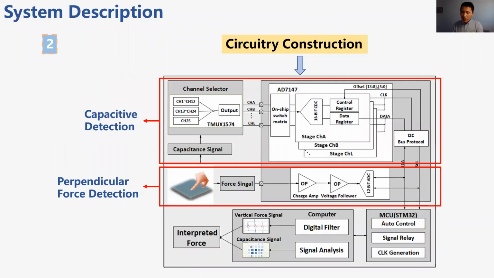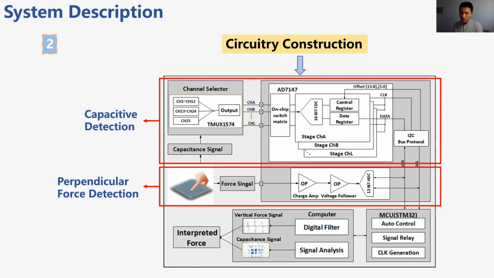This is a schematic diagram of the reading circuit, which is mainly divided into two parts: capacitance and perpendicular force detection. The core of the capacitance detection circuit is a high-precision capacitance to digital converter, which converts the capacitance change value into a digital quantity and outputs it to the host computer.